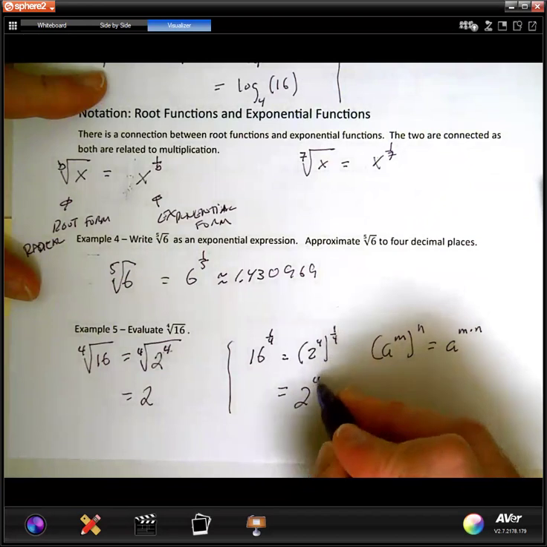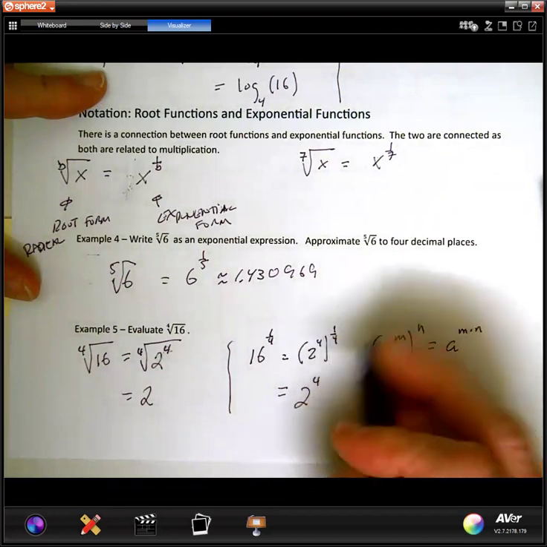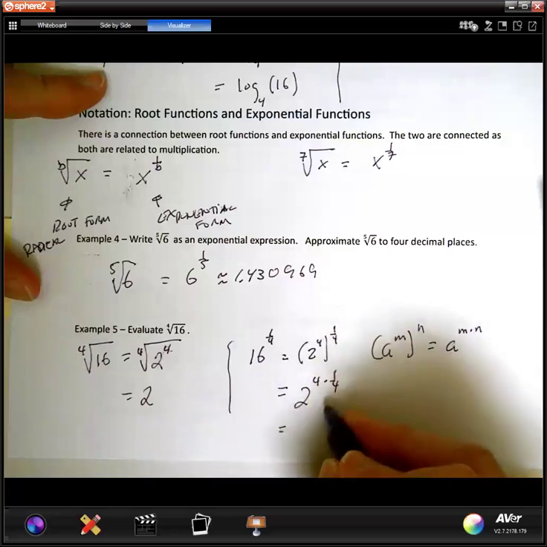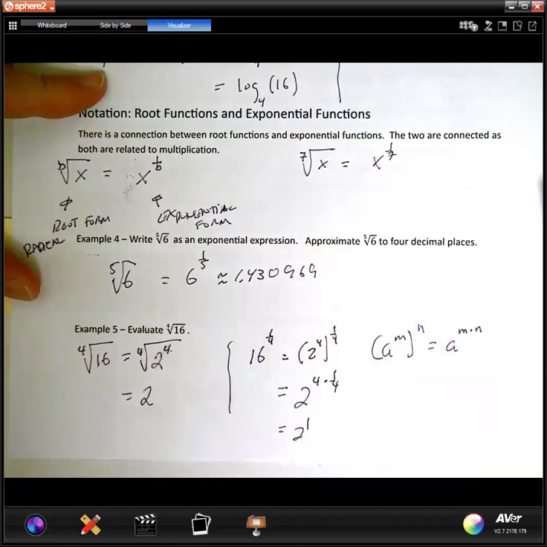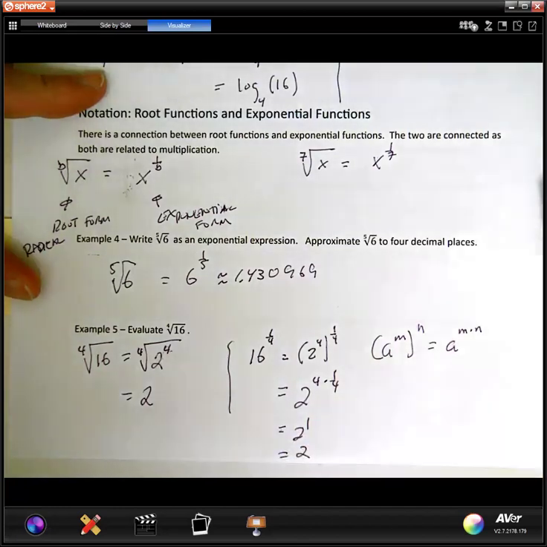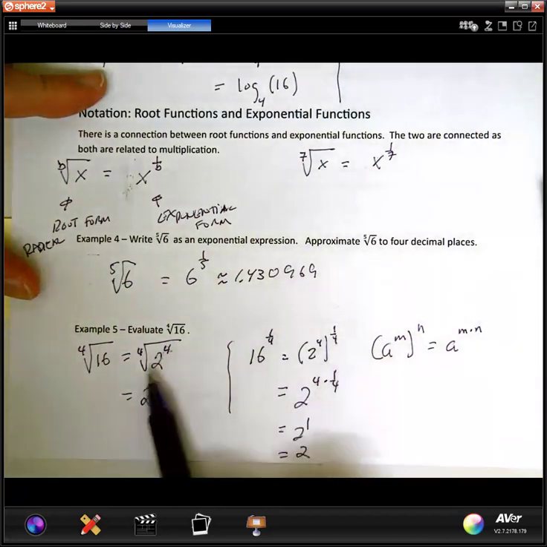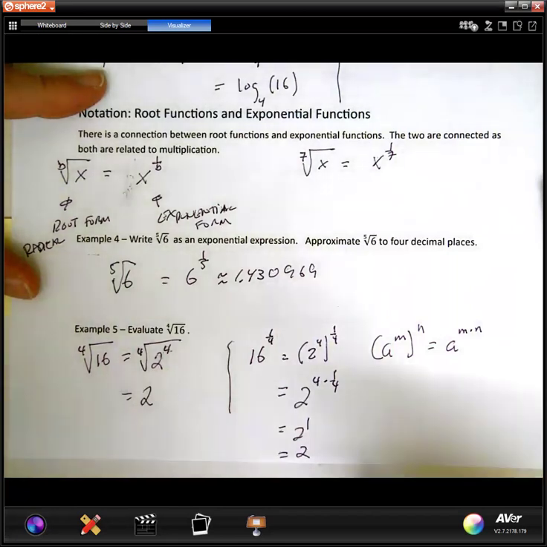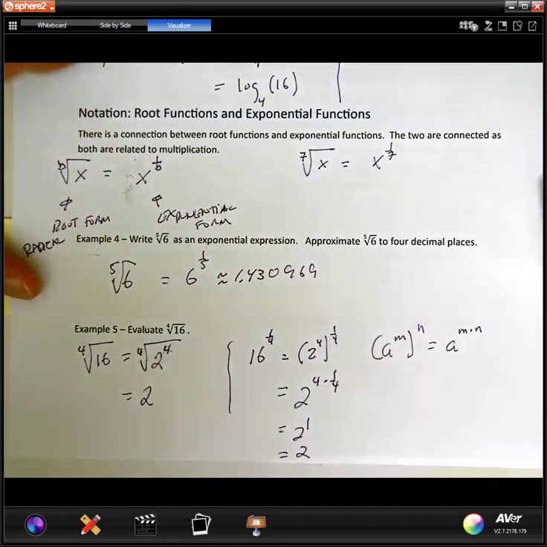That means I get the 4th power times 1/4 when I apply this rule, but I recognize that 4 times 1/4 is a 1, and 2 to the 1st power is 2. So there we go. So you see the connection here between roots and exponents much nicer when I apply these exponential rules.